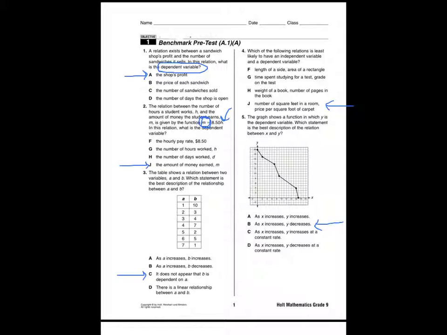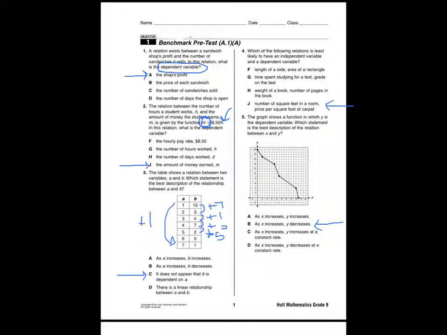If you go down from 10 to 3, you're adding 7. From 3 to 4, you're adding 1. From 4 to 7, you're adding 3. 7 to 2, you're adding 5. So we can definitely see that this is not linear.